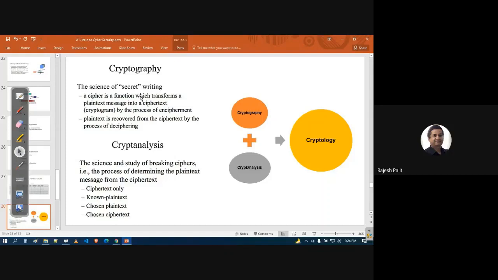Cryptography means hiding, the way of secret writing, the science of secret writing. And cryptanalysis means breaking the system or breaking the cipher, the science of breaking ciphers or a cryptographic system.